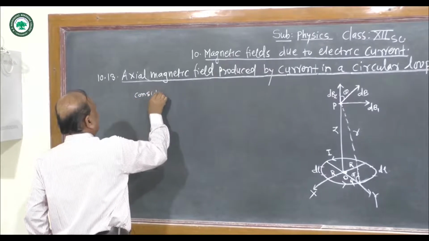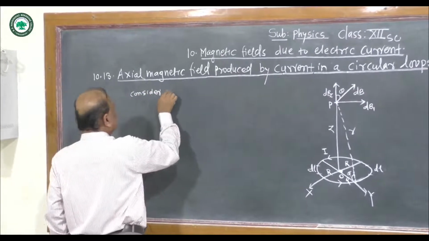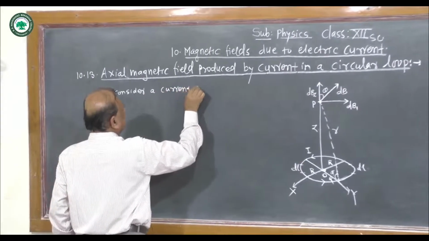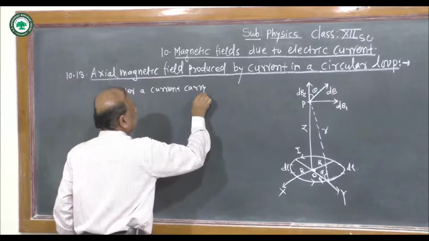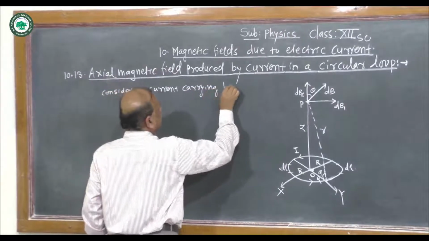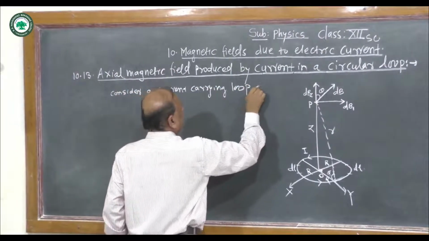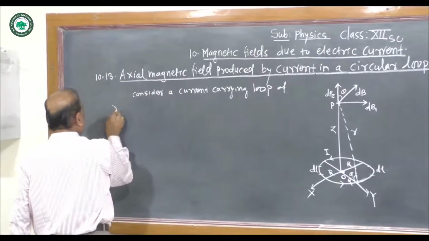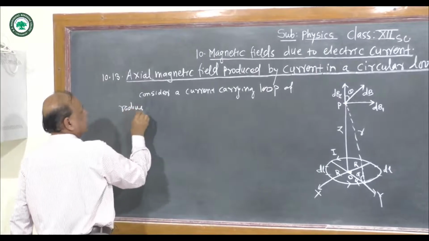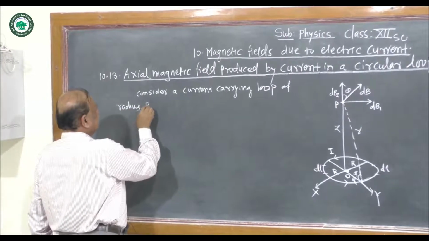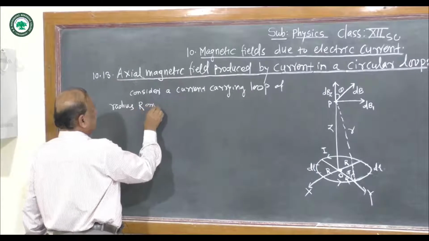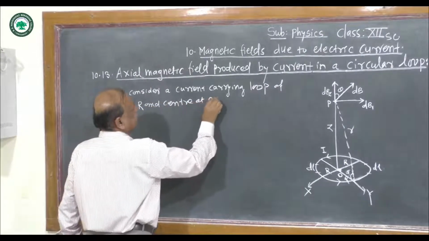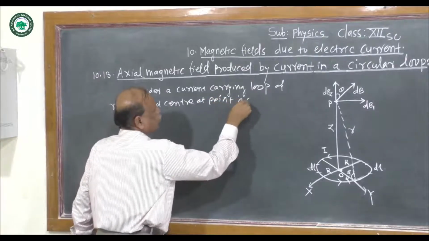Consider a current carrying circular loop of radius r and center at point O.